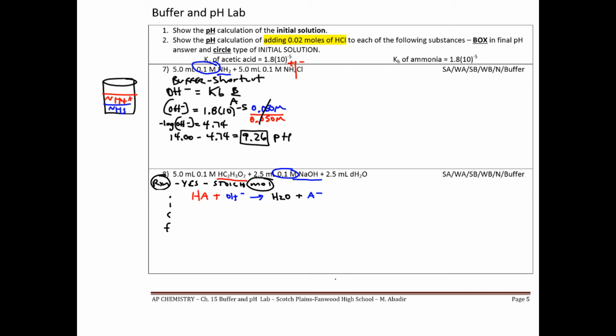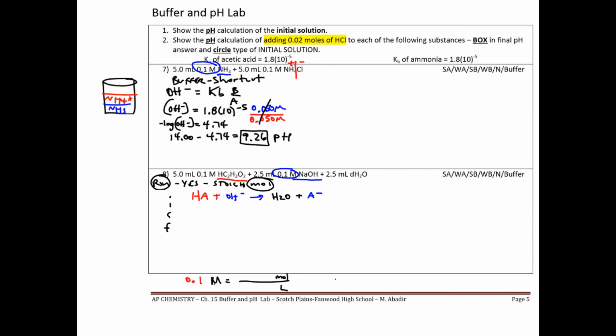You have to work in moles. So to get moles, remember you're going to do molarity equals moles over liters. I'll set it up for you. Molarity equals moles over liters. So if we take a look at the acetic acid, it was 0.1 molar.